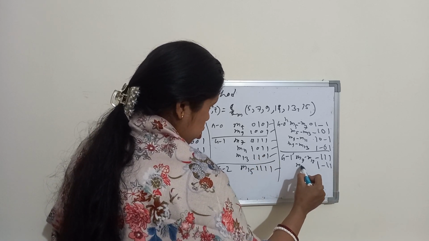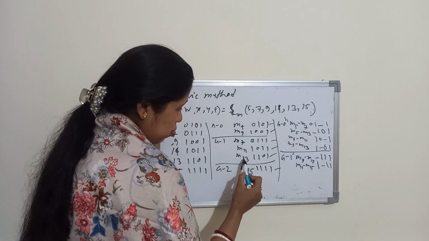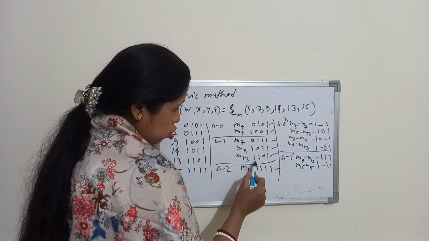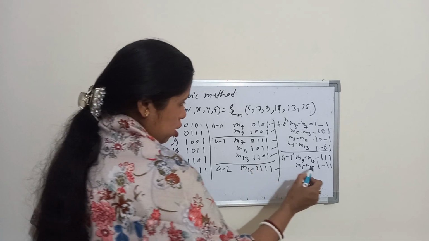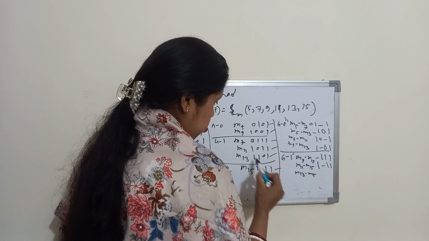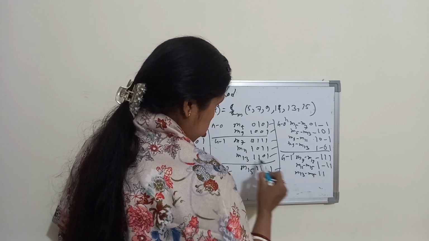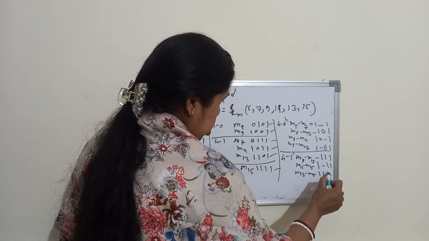This is M11 and 15. Now M13, M15. Here these two are same, this is the only difference. It is also compared, M13 and 15. Okay, 1, 1, 1, 1 dash 1.